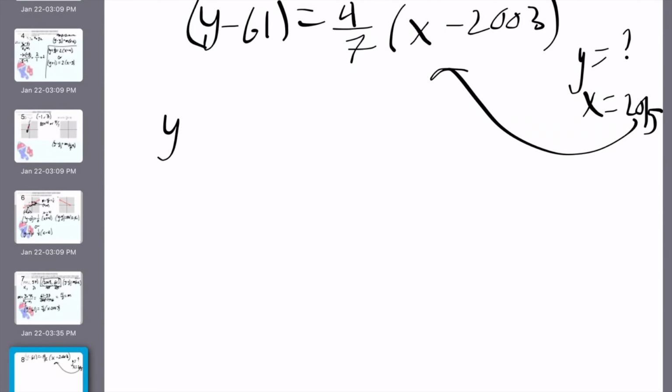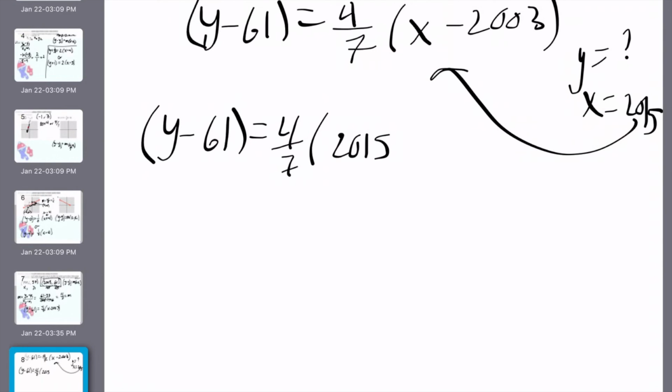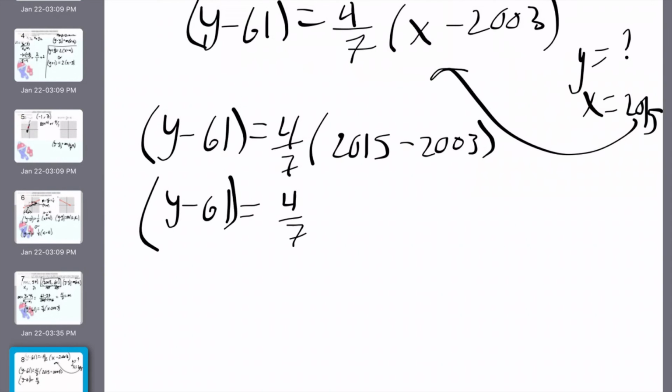So this is going to be y minus 61 equals 4/7 times 2015 minus 2003. So y minus 61 equals 4/7 times 12, because 2015 minus 2003 is 12. And now we have to do some work.